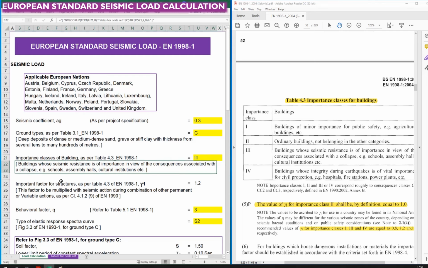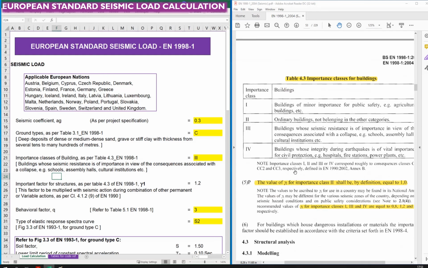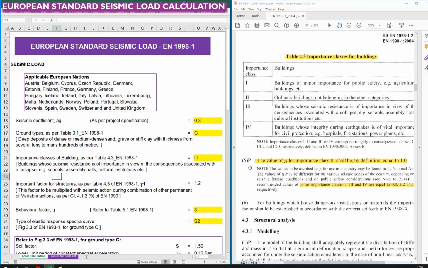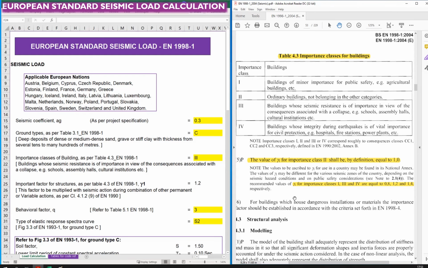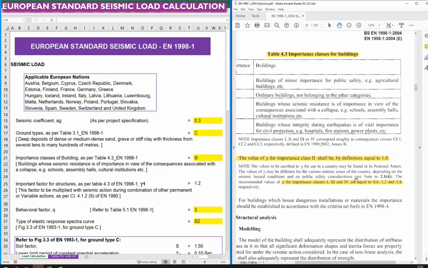Then the next requirement is the importance factor as per Table 4.3. In point number 5(b), the importance factor gamma I for class II is mentioned as 1, and for the other classes I, III, and IV, it is mentioned as 0.8, 1.2, and 1.4 respectively.